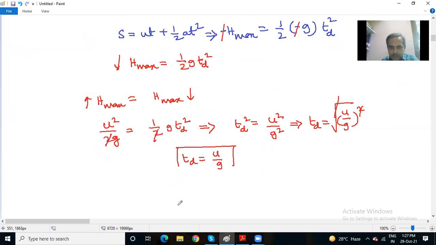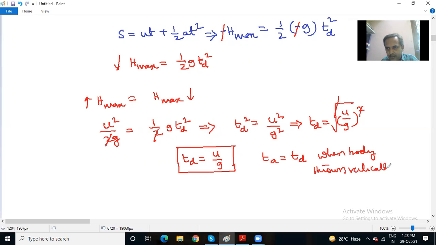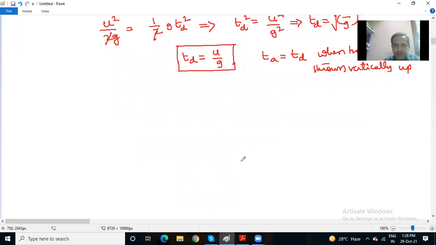Now there is another definition to go with. So you can say that time of ascent is equal to time of descent when a body is thrown vertically upwards. Now there is another definition here, time of flight.